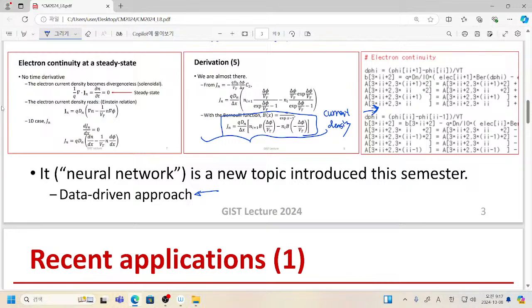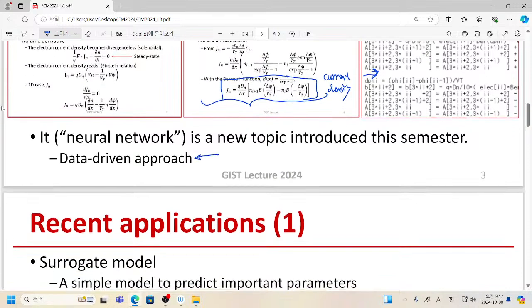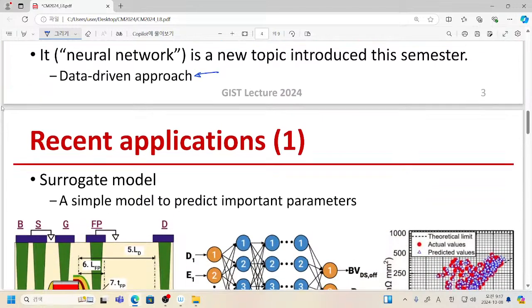So that's the reason why, although I don't think that the application of neural networks to the real semiconductor problem is matured. We are still in its infant stage, but anyhow we have to prepare for the future of TCAD research.